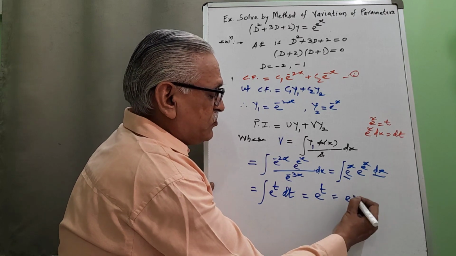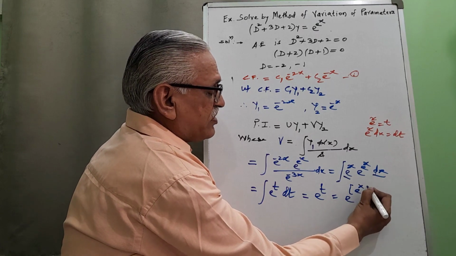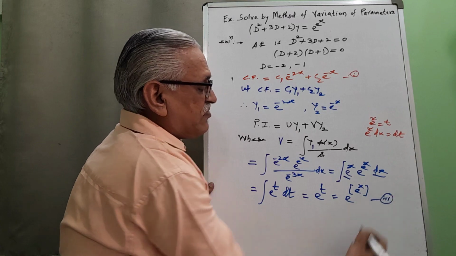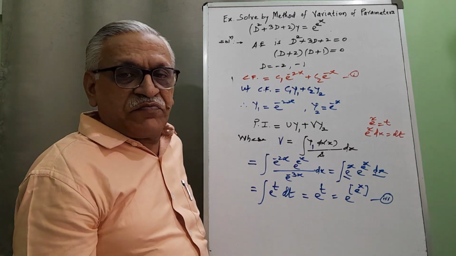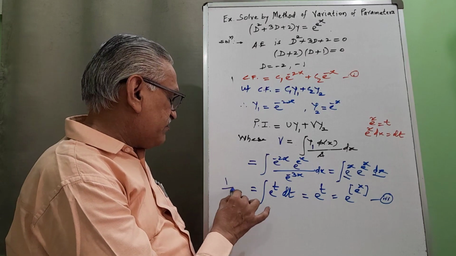It is e raised to t, which means e raised to x. We call this equation 3, the value of v. For finding this u and v correct, you will get 1 mark once again.